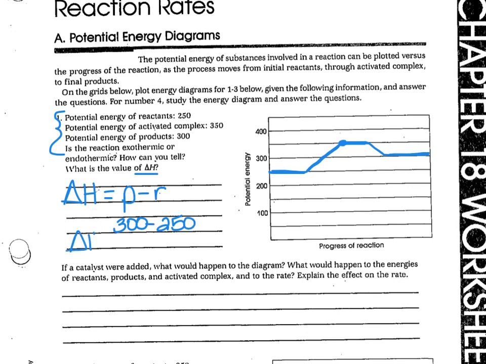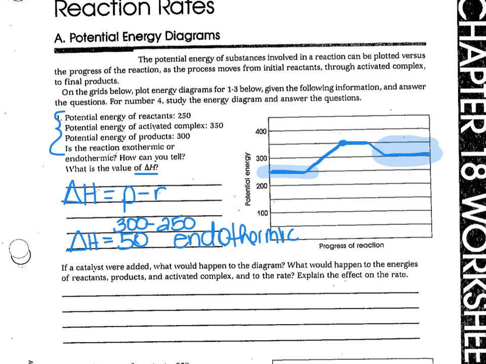So our delta H would be positive 50 kilojoules of energy. And if it's positive, that means this is endothermic. It gained energy. We can see that if we look at our reaction, we have more energy at the end than we started with. So our overall reaction gained energy for us.